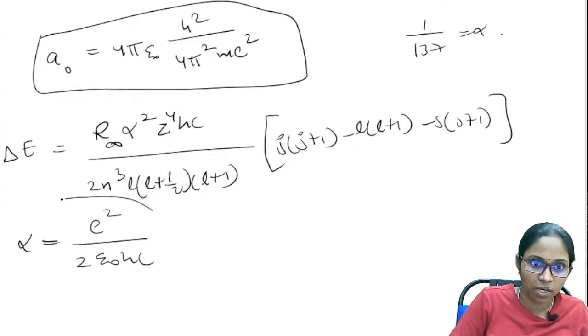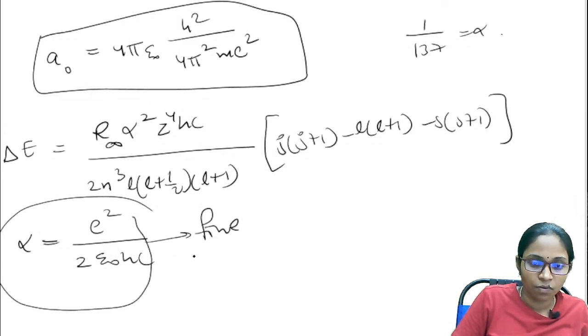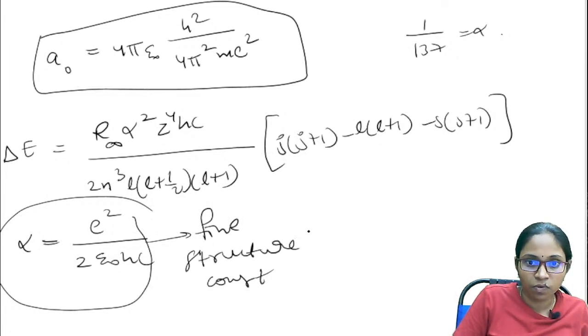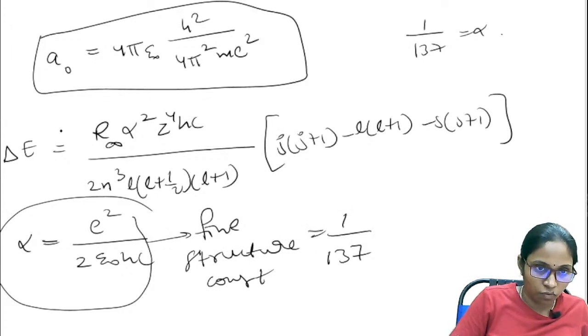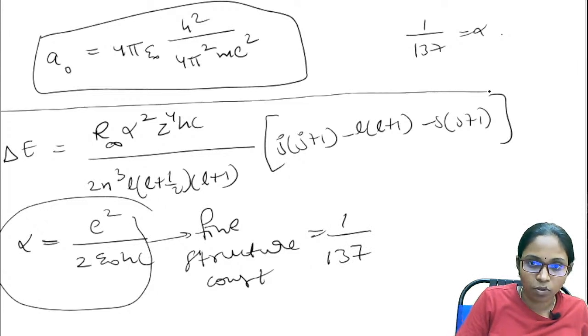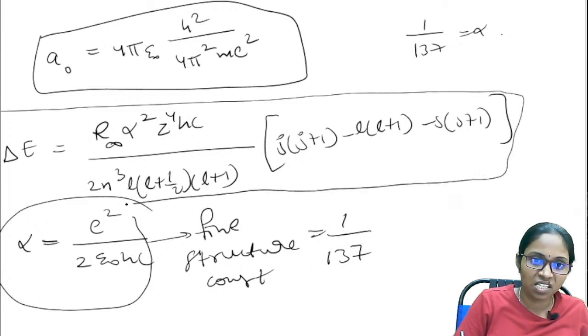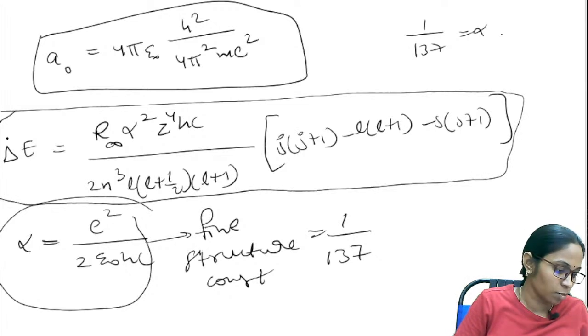This is the fine structure constant, whose value is 1 by 137. So this will be the energy equation, that is the change in energy due to spin orbit interaction.